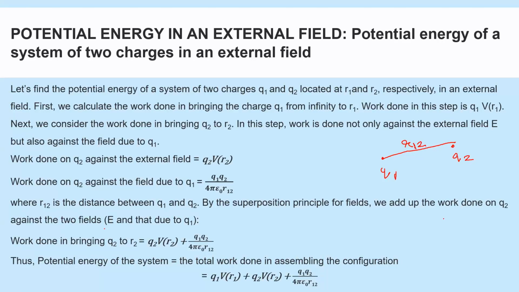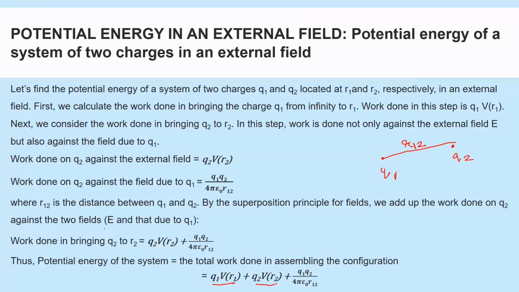So for the entire system of charges that we have, the potential energy of this system in the effect of an external field is actually the sum of the work done on both the charges. Q1 V of R1 is the work done on Q1 in bringing it from infinity to the point R1.